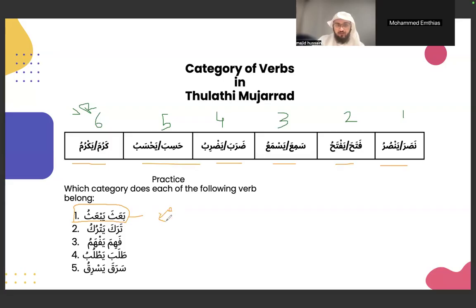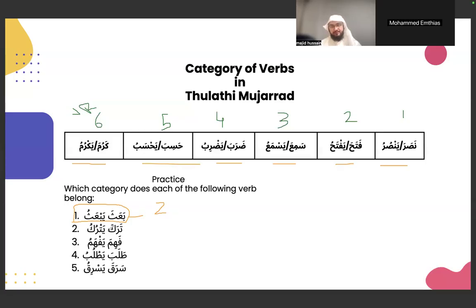Fataha, yaftahu. This brings me to category number 2. Similarly, we need to try with numbers 2, 3, 4, and 5 to see which bab they come from.